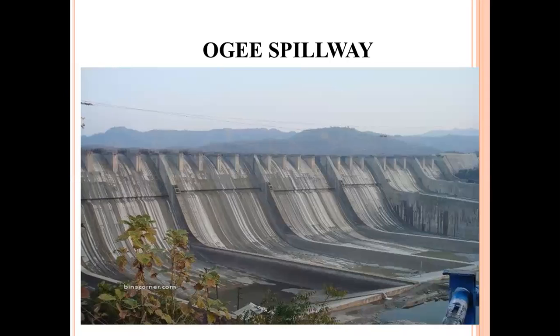So this is another example of an Ogee spillway. You can see this is the Ogee shape, and these are the basins.